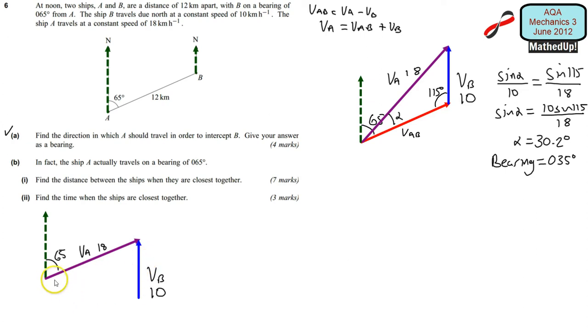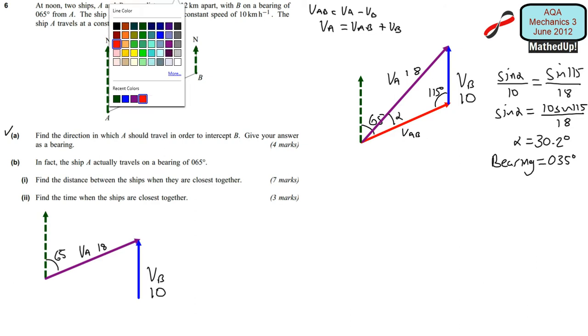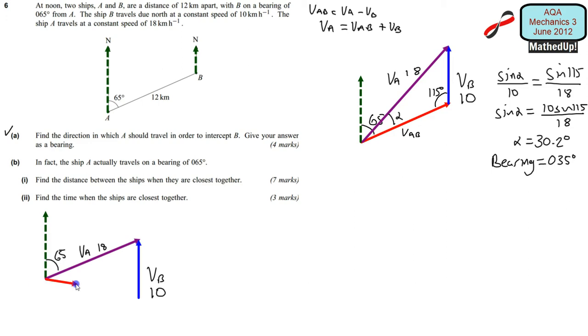So the velocity of A relative to B is going in this direction here. The velocity of A take away the velocity of B gives me the velocity of A relative to B.